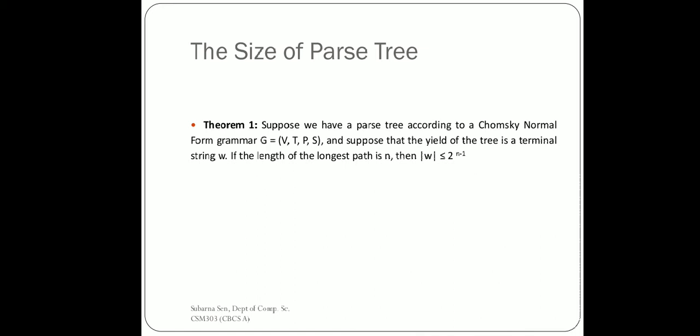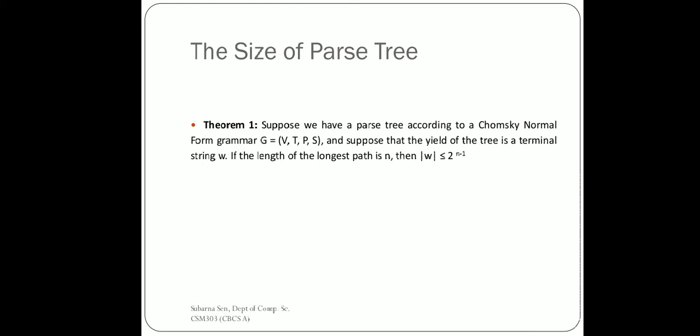If we know the longest path of the tree, that is the value of n, we can say what the maximum length of the string is that this tree can produce, which string this grammar is going to accept and which it is not. So the size of w can be at most 2 to the power n minus 1.